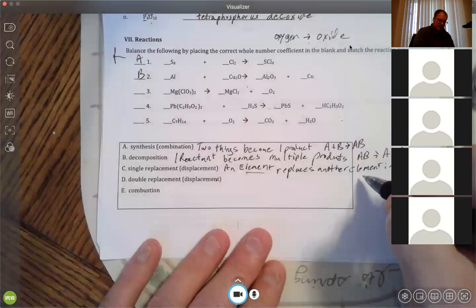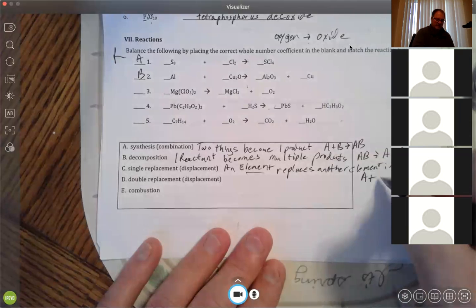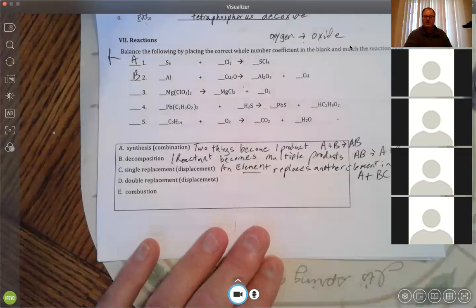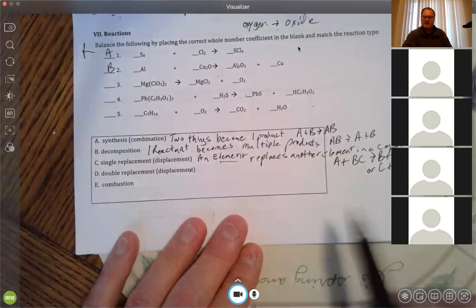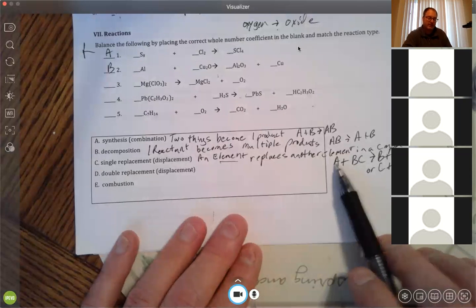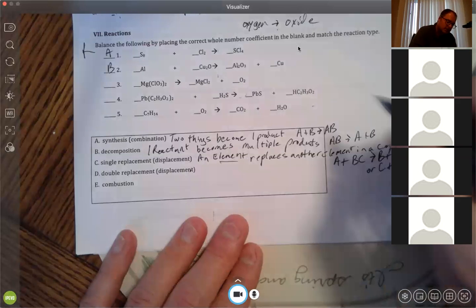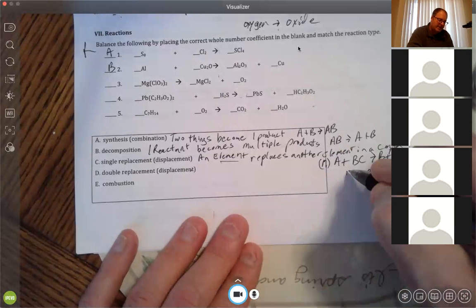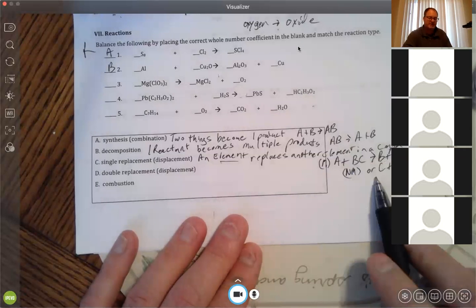So A plus BC could yield B plus AC, or C plus BA. Depending on what type of element this is, if this is a metal, or something that forms a cation, it's going to replace the B. If it's a non-metal, or something that forms an anion, it's going to replace the C.